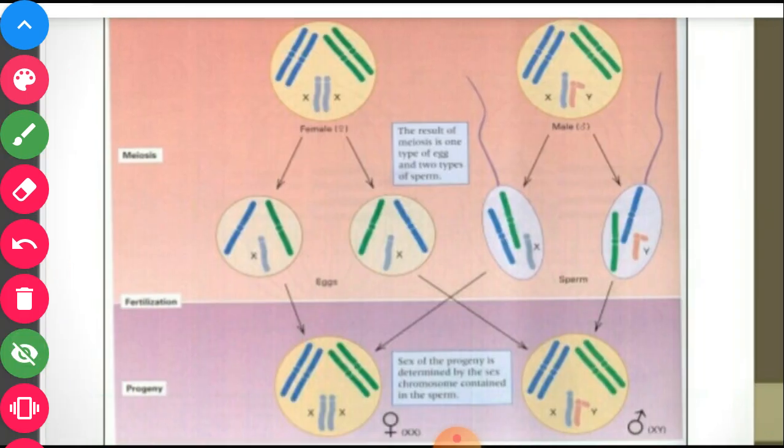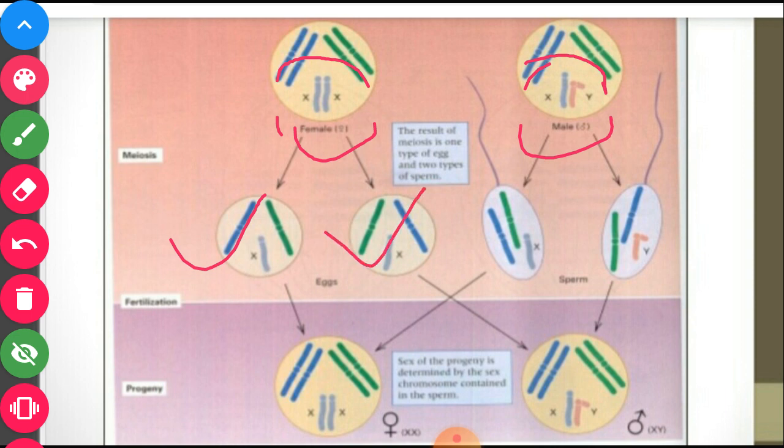See here, this is the mechanism of sex determination. Female have only one type of chromosome, but male have two types, X and Y. And there are two kinds of gametes here: in female both the gametes are similar, but in male the gametes are dissimilar.